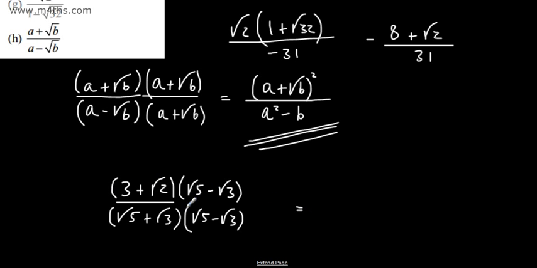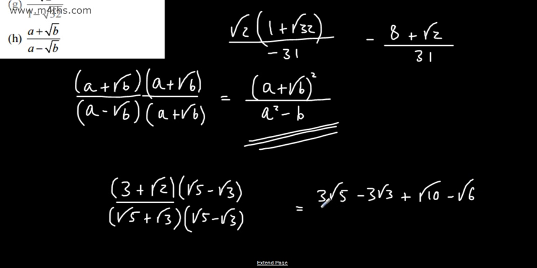Okay, looking at this, it's going to be a mess. So we'd have in the numerator 3 lots of the root of 5. Then we'd have minus 3 root 3. Plus, now the root of 5 times by the root of 2, as we've seen before, is the root of 5 times by 2, which is 10. And then the root of 2 times by the root of 3 would give us now minus 6.